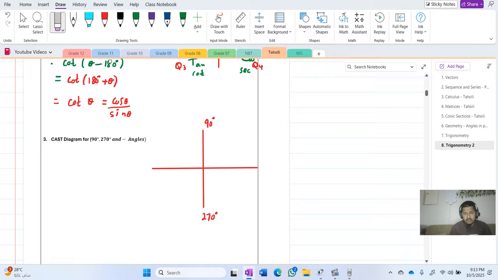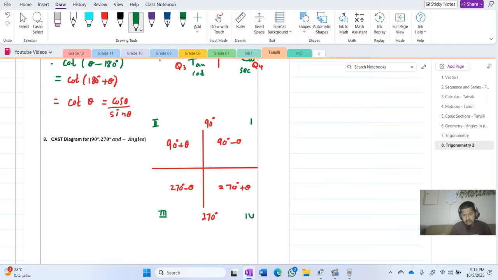So this is 90 minus theta, that's 90 plus theta, second quadrant, as a theta angle, that's 270 minus theta, and this is 270 plus theta, which is the fourth quadrant. So quadrant 1, quadrant 2, quadrant 3. Quadrants are usually represented with the Roman numerals, and the last one is quadrant 4, right, IV.